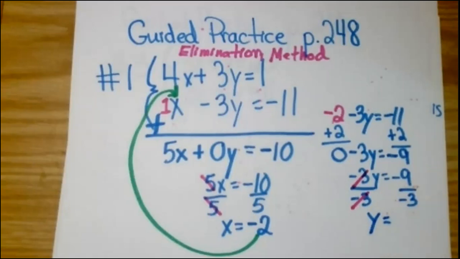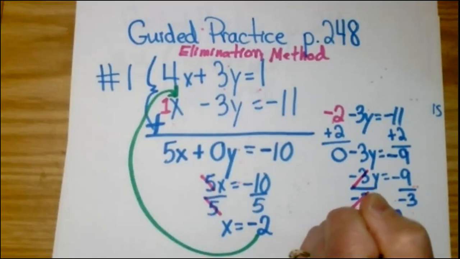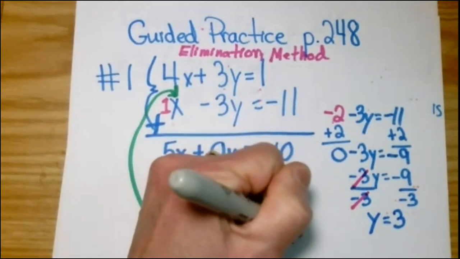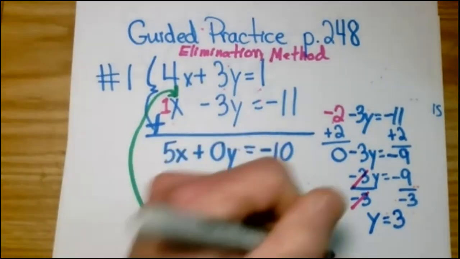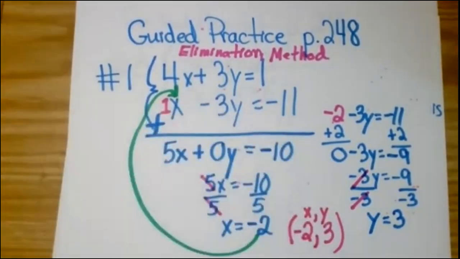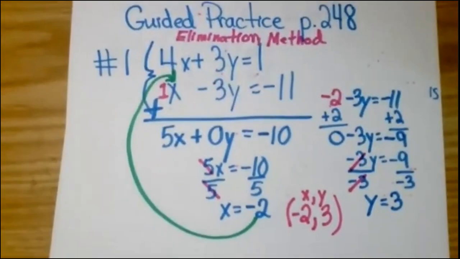Two negatives divided by each other makes a positive, yes, a positive 3. So the solution to our system of equations is x is negative 2, y is 3. Here's my x, here's my y. That is the solution to problem number 1.